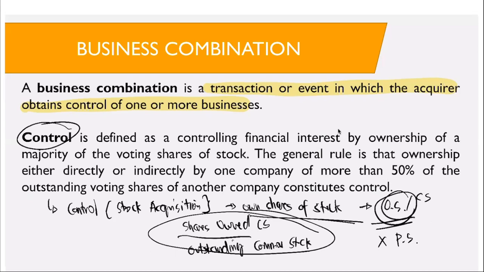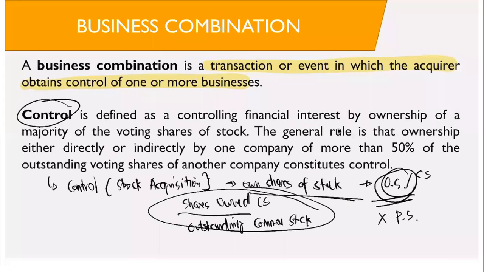If we test for the 50% control, we test it based on common stock, not on preferred stock. So long as there is control of one or more businesses, there is already a business combination. But take note, in a business combination, it is either owned directly or indirectly.